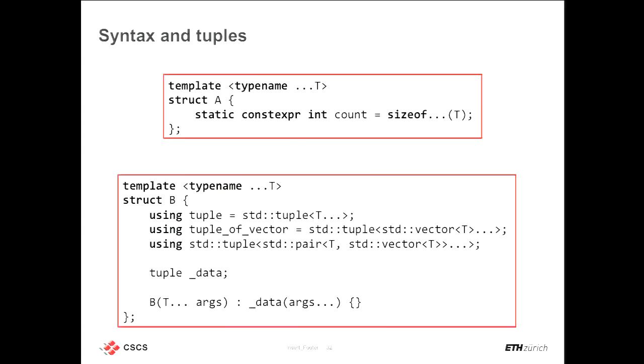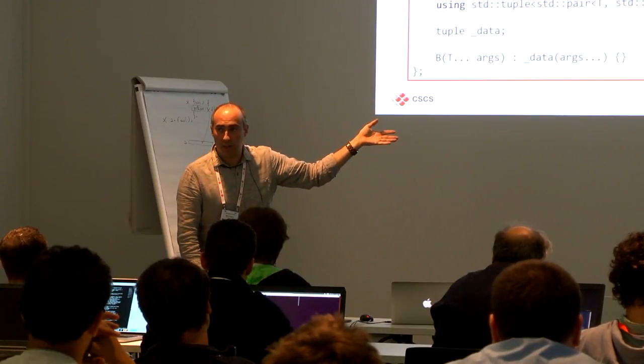Let's see for the class. You have a struct A and type T, and you can get any number of arguments. Now, it works as before. When you instantiate a template, it's only when you instantiate it that it is created somewhere in the code, right?